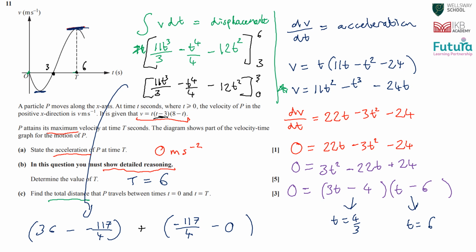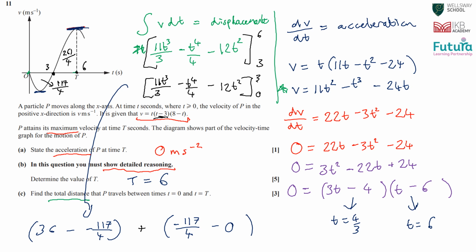So 36 minus 117 over 4 gives us an answer of 261 over 4. So this area just here is 261 over 4. This area just here comes out in your calculator as being minus 117, but that's only because it's below the x-axis. In real life, it's positive. So this here is positive 117 over 4.